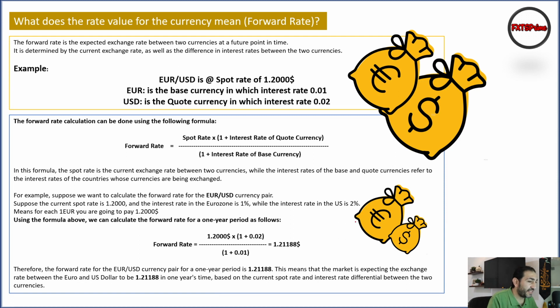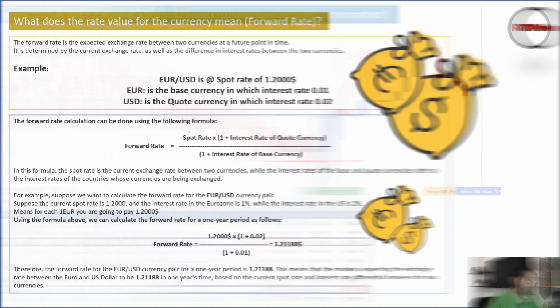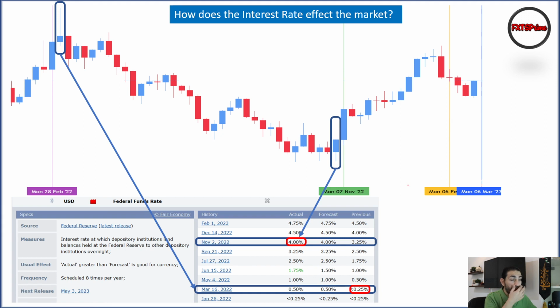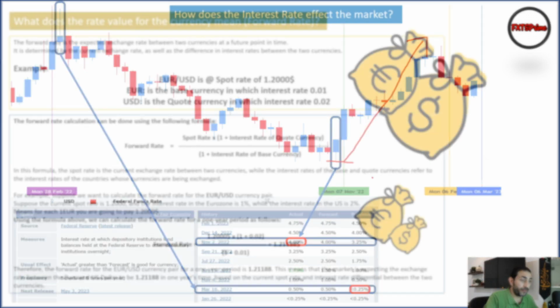So there is a fact here: when the interest rate for country A is smaller than for country B, country A will appreciate. Coming back to the chart, when you see that a currency's interest rate is about to reach the maximum level, that's why the currency starts to go up, because the market is anticipating and calculating the forward rate.